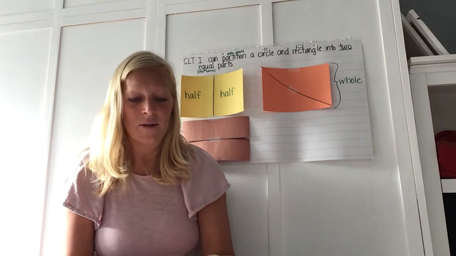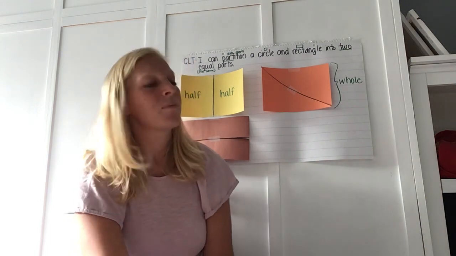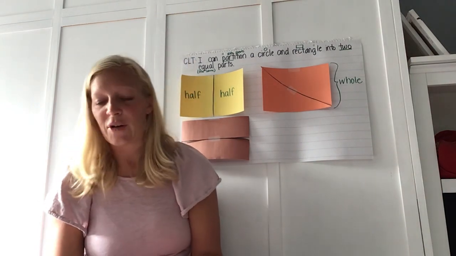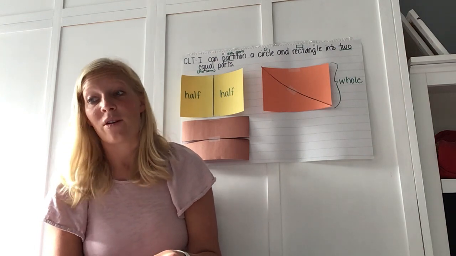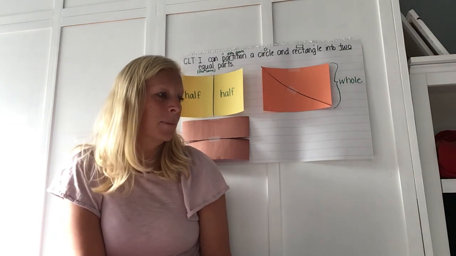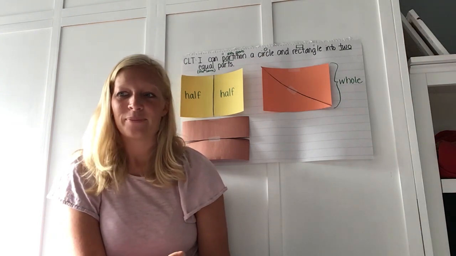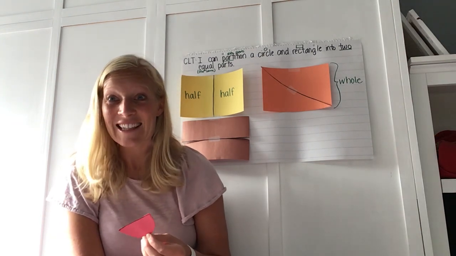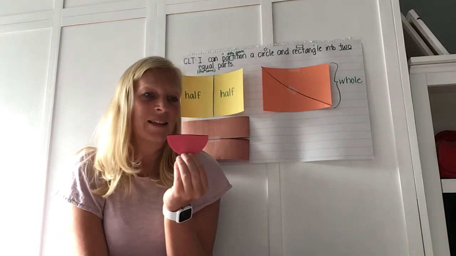Is it in half? Let's peek. Let's prove it. If you're with a partner or with a grown-up, I want you to tell them whether we cut it in half or not, into 2 equal parts. I just heard somebody say, yes, it's equal. Tell us why it's equal.